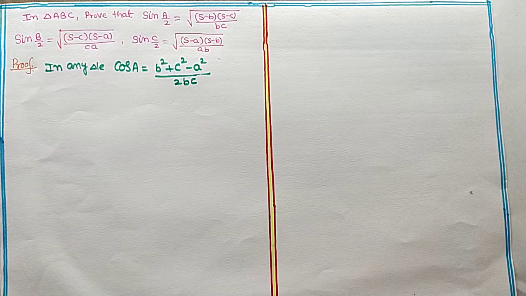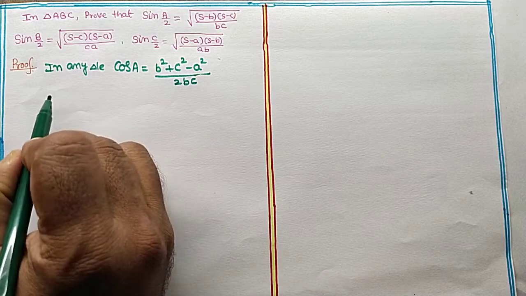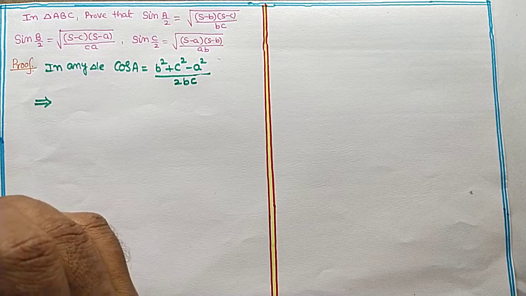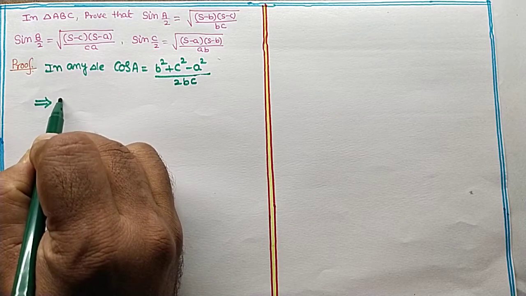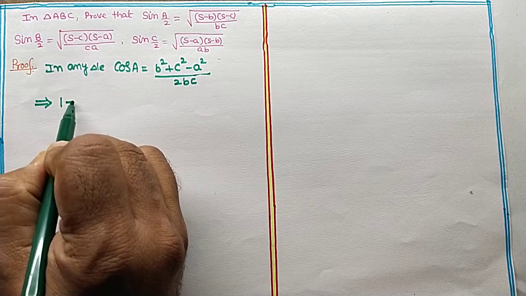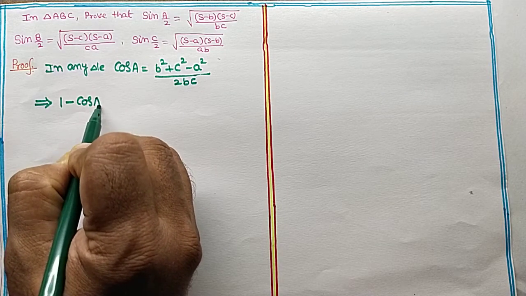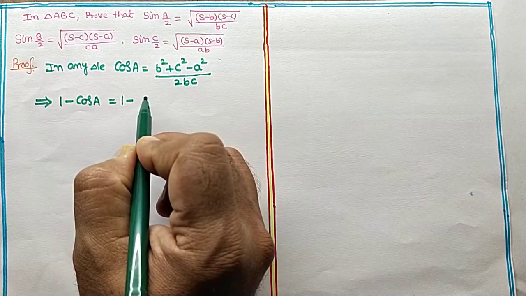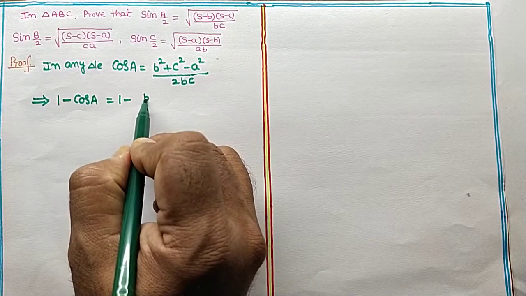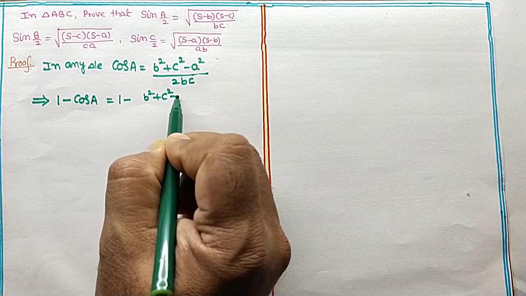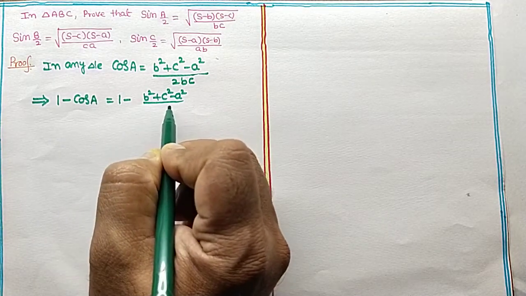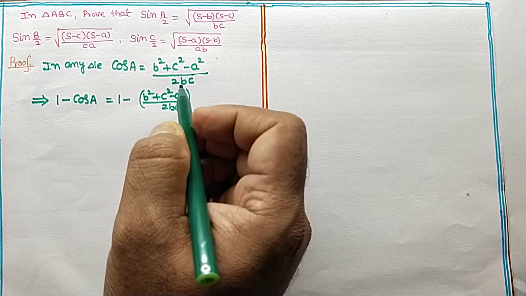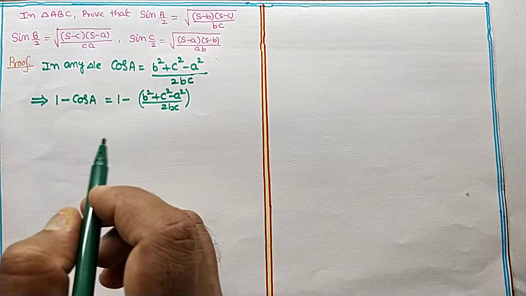After that, consider the value of 1 minus cos A. Why 1 minus cos A? To get the sin A/2 value. 1 minus cos A is equal to 1 minus (b square plus c square minus a square) divided by 2bc. Here you keep the bracket, otherwise the minus sign will cause confusion.